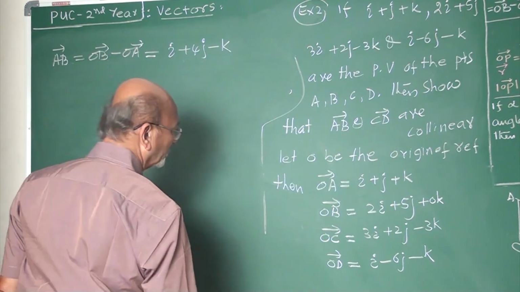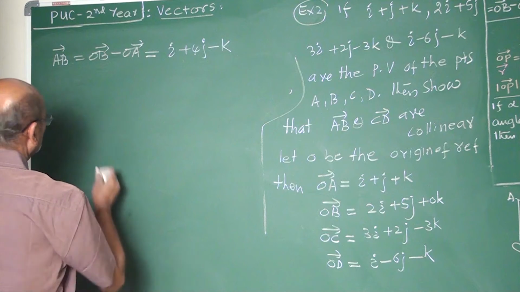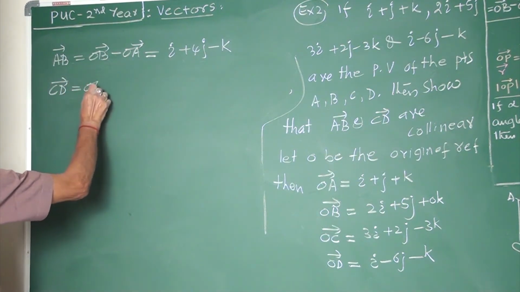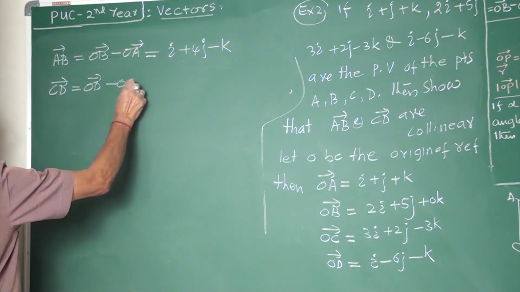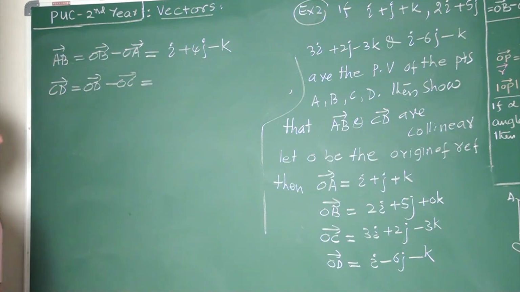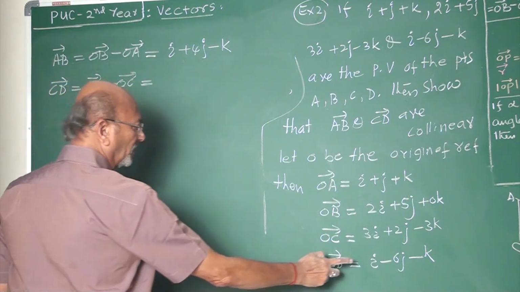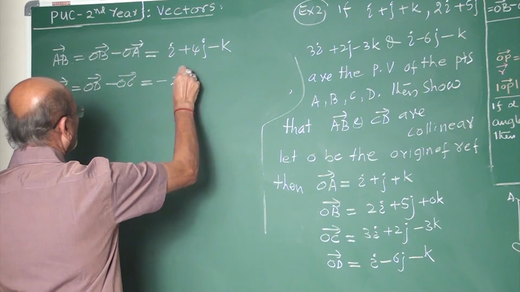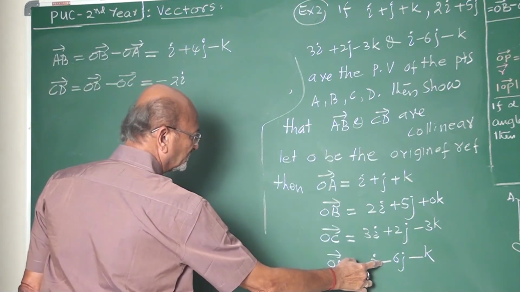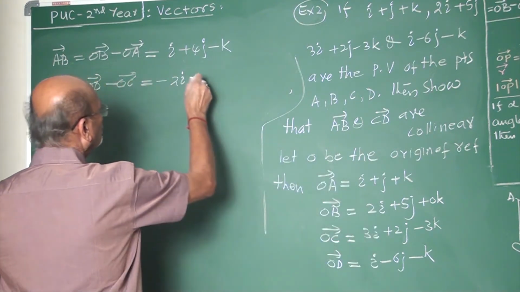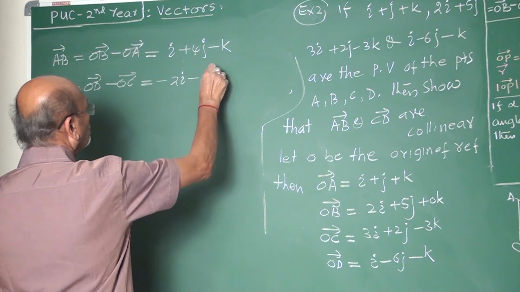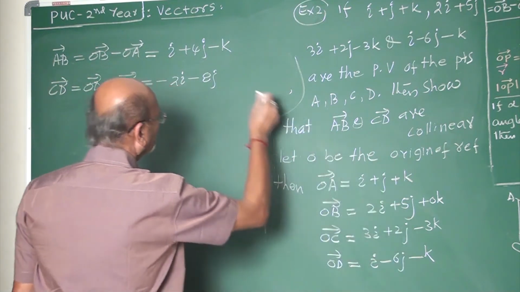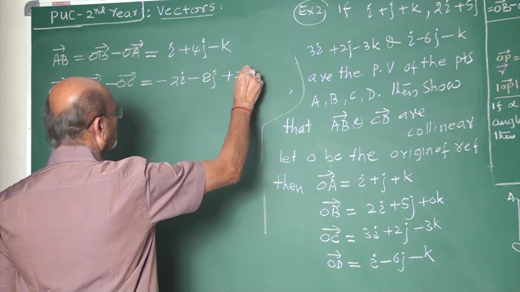This is vector AB. Next we want vector CD. It is OD minus OC: i minus 3i, minus 6 minus 2, minus k plus 3k is plus 2k.